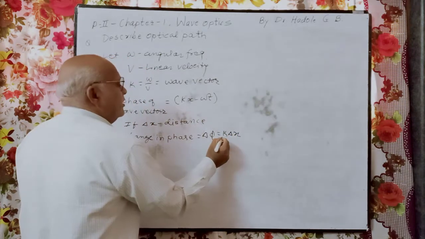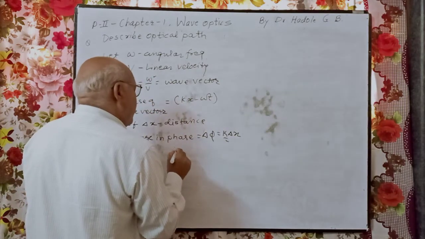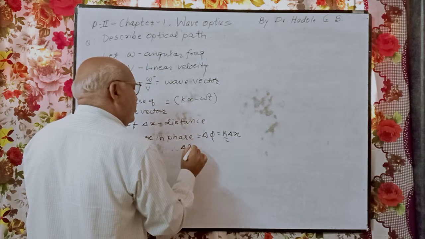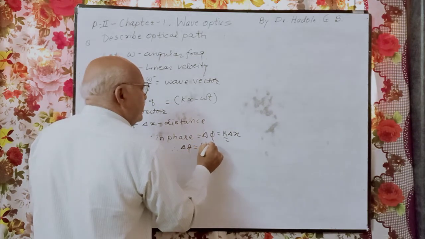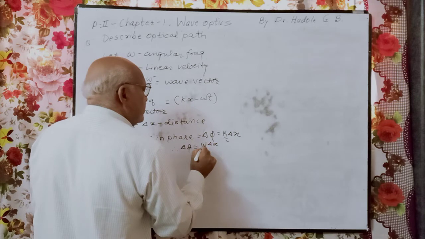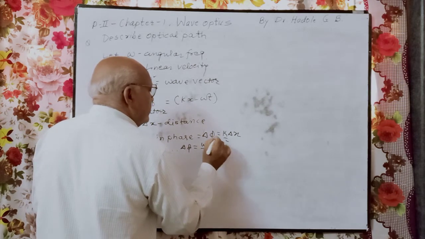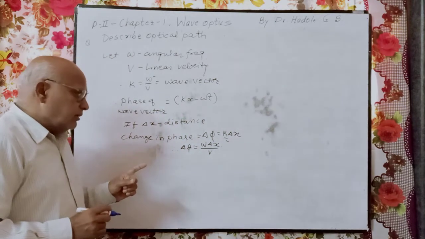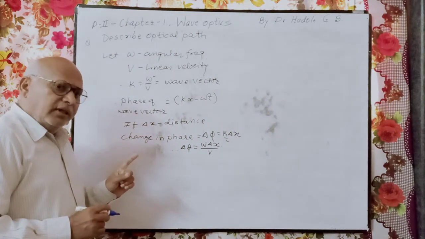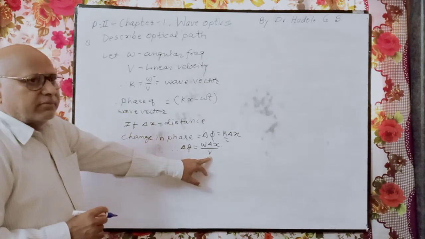Now here k is equal to omega upon v, and therefore delta phi equals omega into delta x upon v. Mind well, if light is traveling in vacuum, this v can be replaced by c.